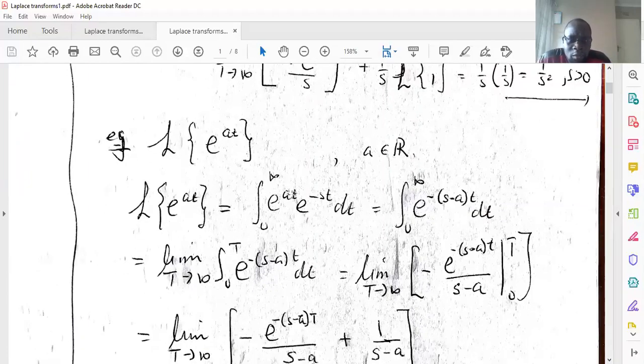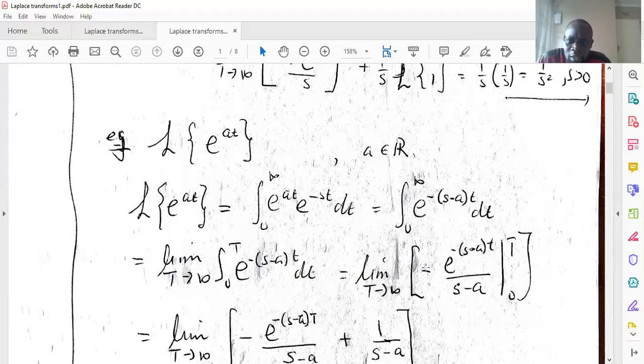And then of course you use the laws of exponents here, and then you find that you now have s minus a as a coefficient of t with the minus sign at the outside there. And then you introduce the limits, and after that you do the integration.